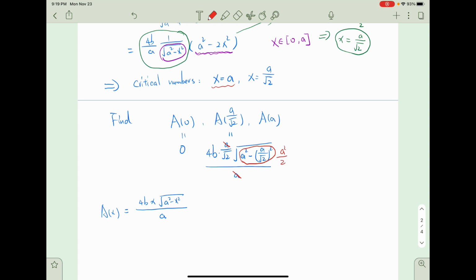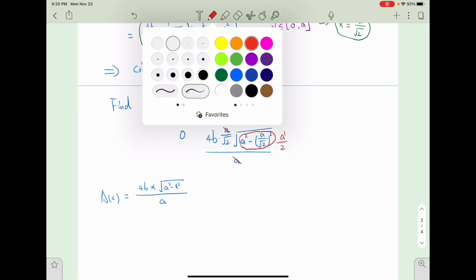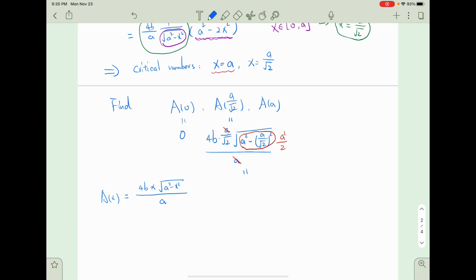Then take the square root, and that becomes just 4b over square root of 2 times this a over square root of 2, right? So it becomes just 2 times, square root of 2 times square root of 2 is 2, and this cancels with the 4, so we have 2 on the top left.